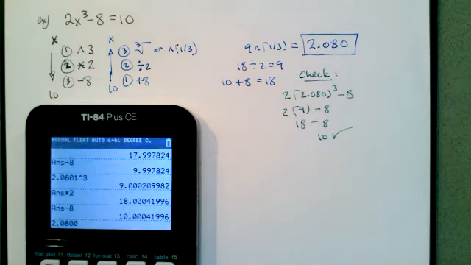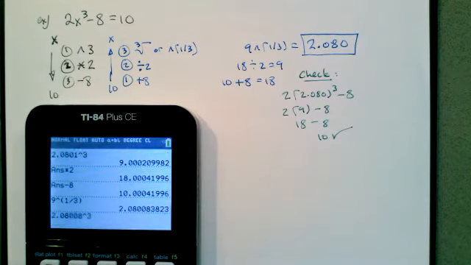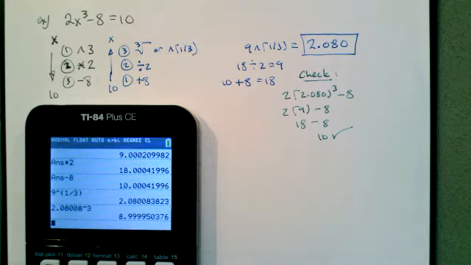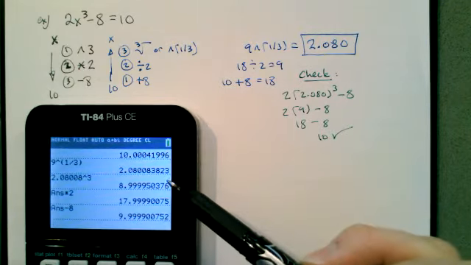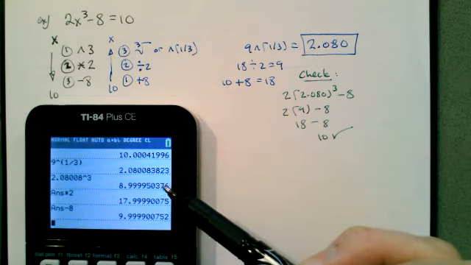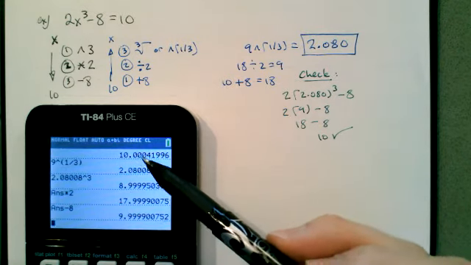So if I take 2.08008 and raise that to the third power, even closer to 9, and then multiply by 2 and subtract 8, we are even closer to the 10 that we wanted. Notice that when I used 2.0801, I had 10.000.